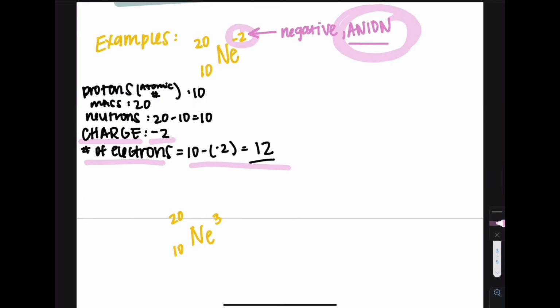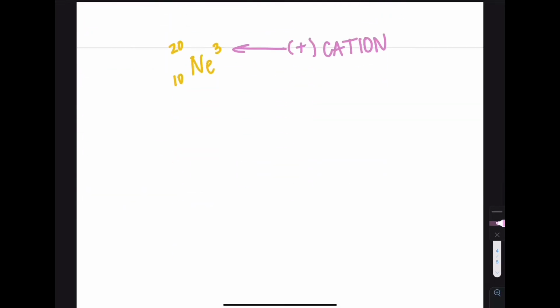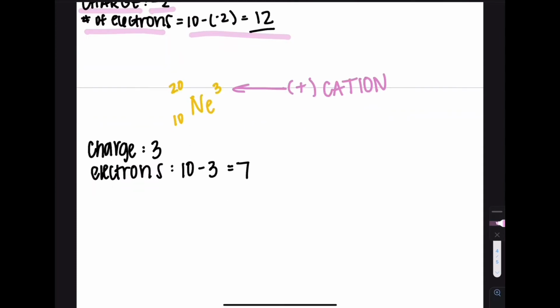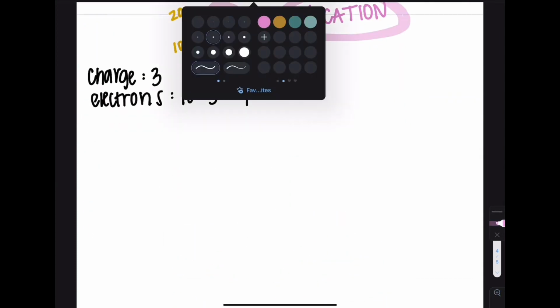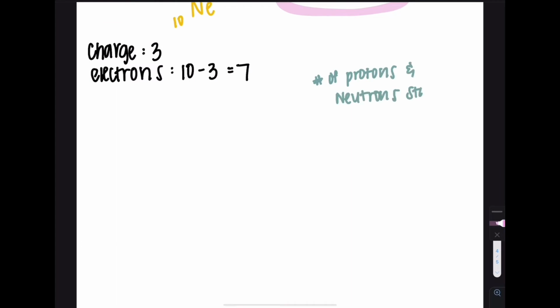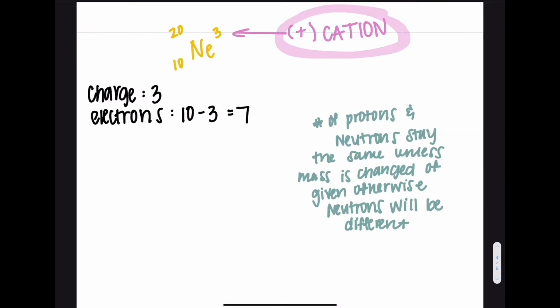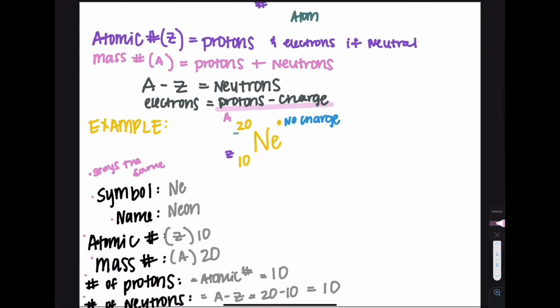Next is going to be a cation, so the charge is going to be a positive 3. To find the electrons, you're just going to subtract the charge from the protons, and you're going to find the new electron count. The number of protons and neutrons stay the same unless the mass is given otherwise.